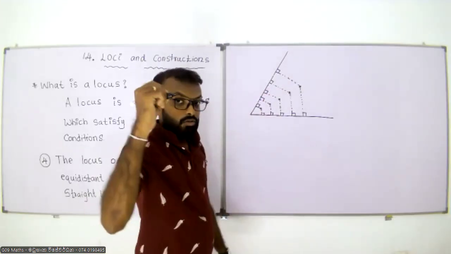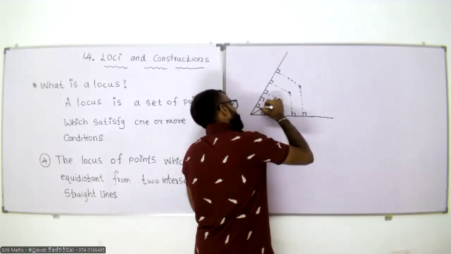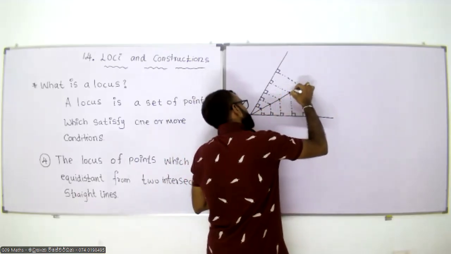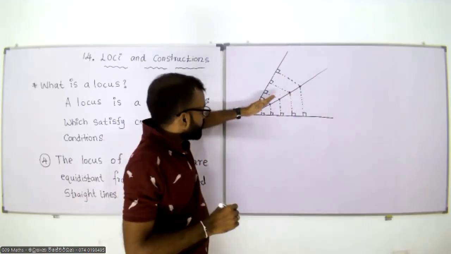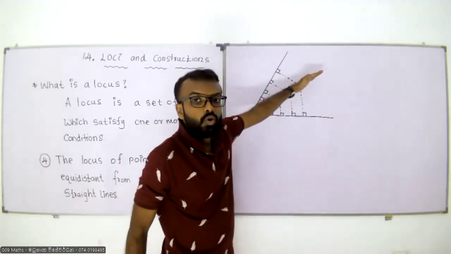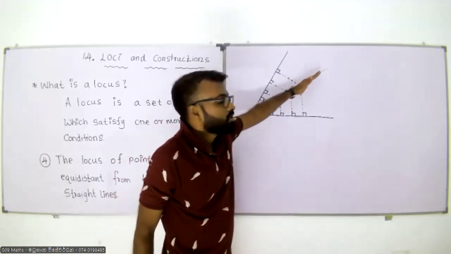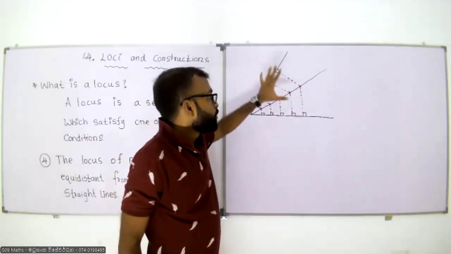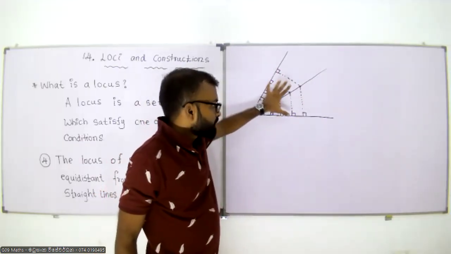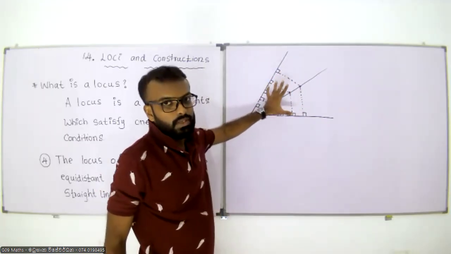Then you need to join these points. So this locus is called the angle bisector. Now we are going to construct this angle bisector step by step.